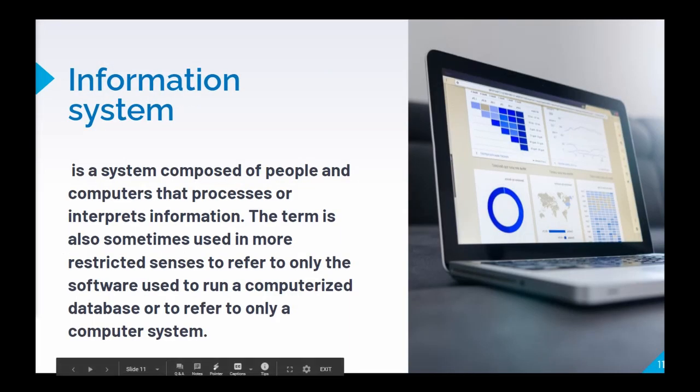So an information system is a system composed of people and computers that processes or interprets information. The term is also sometimes used in a more restricted sense to refer to only the software used to run a computerized database, or to refer to only a computer system.